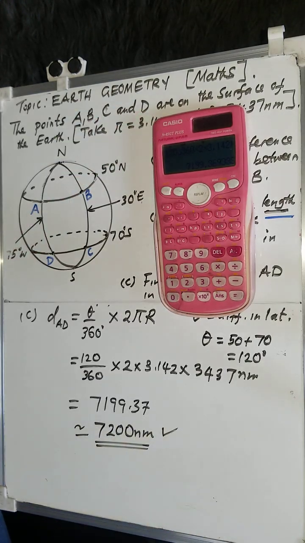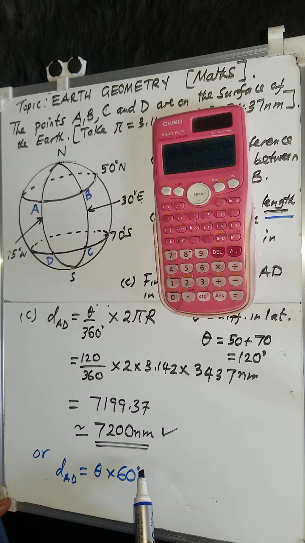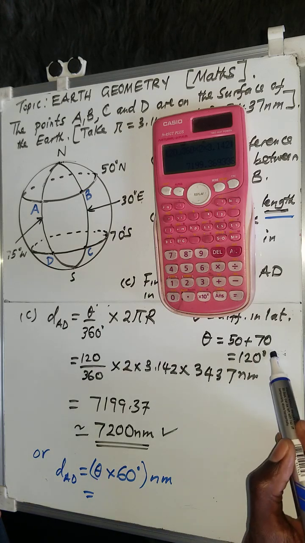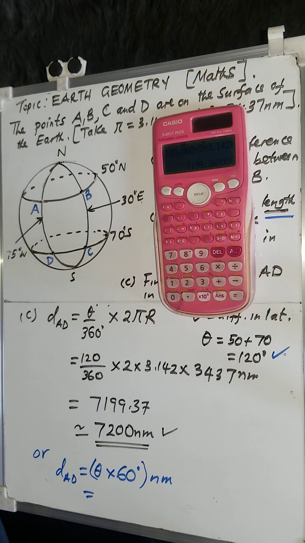Now remember what I told you. If you are calculating distance in nautical miles, you can also use the simplest formula. The distance AD is equal to, remember what we said, it is simply theta multiplied by 60. That is what we said in nautical miles. So theta is that angle that we got, the difference in latitude.